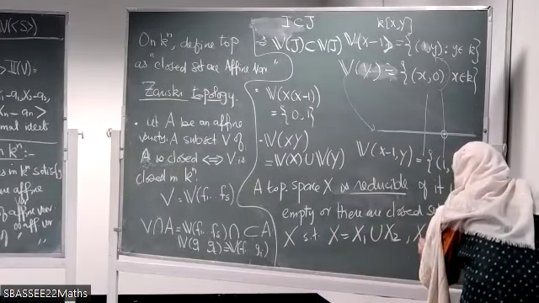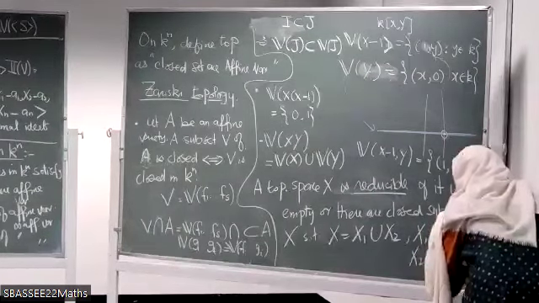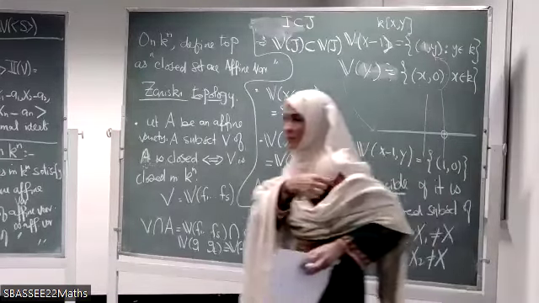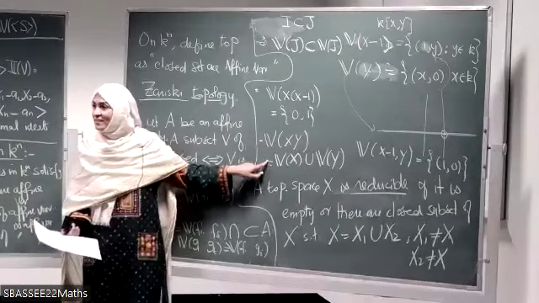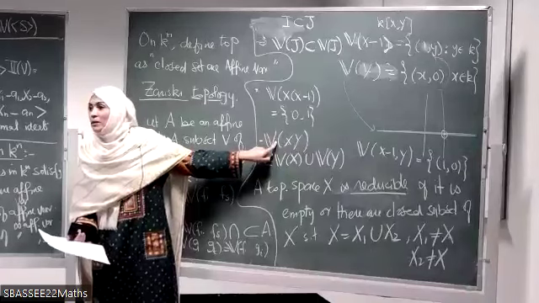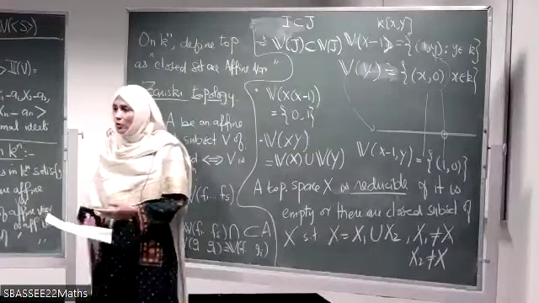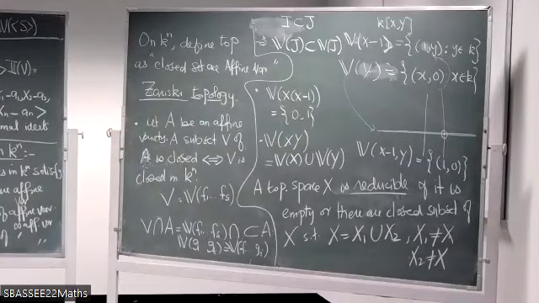And furthermore, these closed sets are not equal to the bigger set. They are actually proper closed subsets of X, right? Then we will say that it is reducible, like in this case. Otherwise, we will call that space irreducible. Whenever you don't have such closed sets which satisfy this condition, then it is called irreducible.